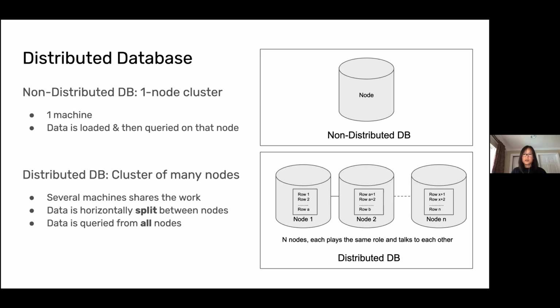The bottom picture is a high-level view of a distributed database, where you have a cluster of many machines that talk with each other, and each node plays the same role. With that, we usually split the data horizontally between the nodes. And because the data is everywhere now, we have to query the data from all the nodes. So now we have a question with this setup: how can we split the data to gain query performance?